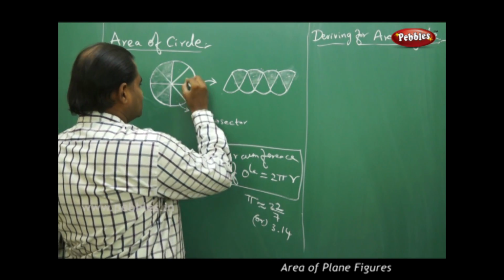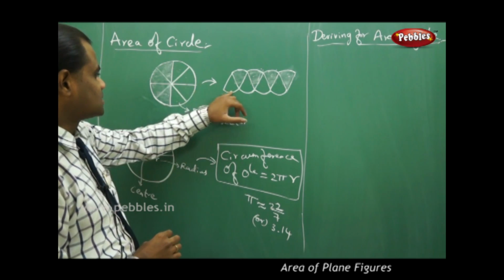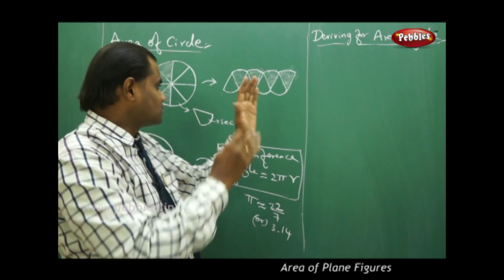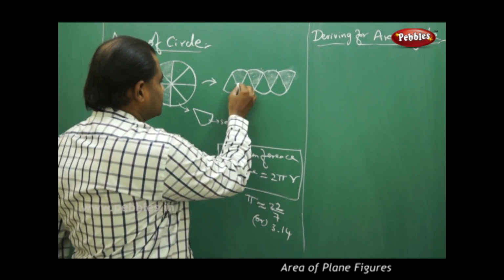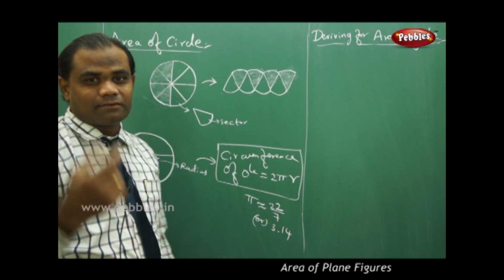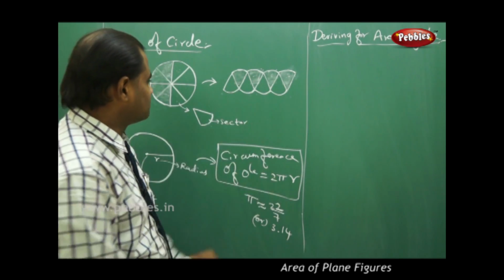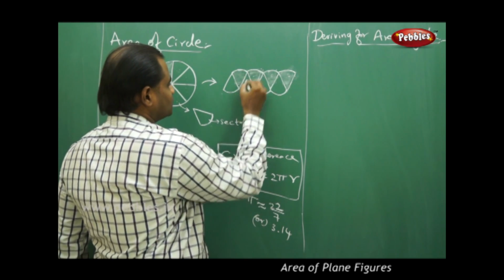The non-shaded sectors are placed with their conical part, their edge, facing upwards, and the shaded sectors are placed with their edge pointing downwards. Therefore, you get a shape in the form of upward, downward, upward, downward.